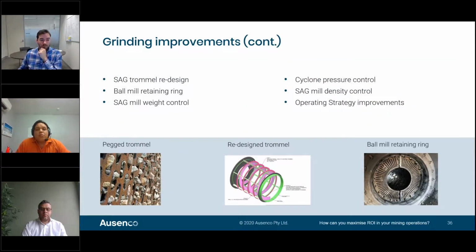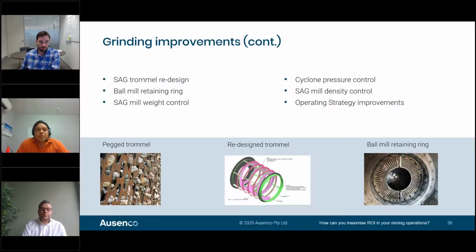So other grinding improvements that are remarkable have been the SAG trommel redesign, changing material from steel to polyurethane to reduce the pegging of apertures, installation of a ball mill retaining ring, which has allowed us to operate at a higher media level in the ball mill in order to assist with the increase of power utilization, which has increased by 15 to 20%.